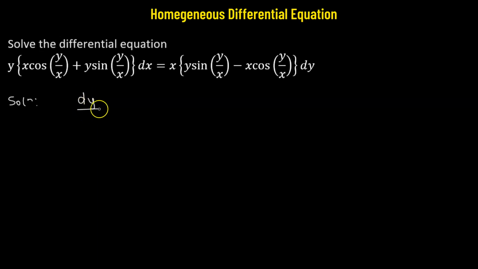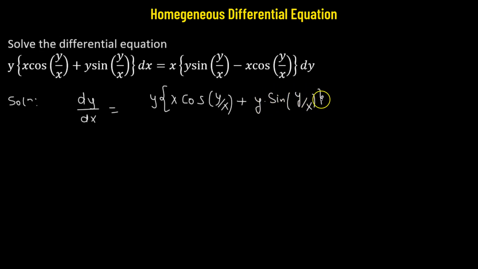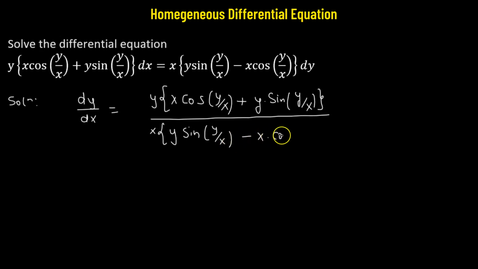So we have dy over dx, and that will be given by (y times x cosine of y over x plus y sine of y over x), the whole thing divided by x times (y sine of y over x minus x cosine of y over x). So this is a homogeneous differential equation.